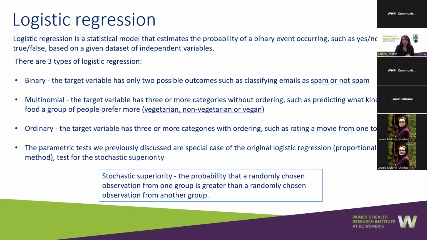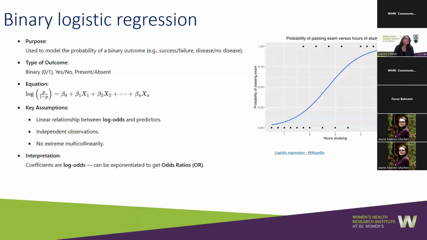And also when I talked about nonparametric tests, the Mann-Whitney U-test is actually a specific case of ordinal logistic regression with proportional odds, when we test for stochastic superiority. Here I put the definition of stochastic superiority, if you're interested to learn what it is.